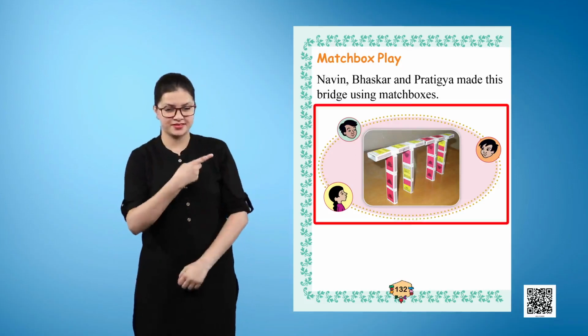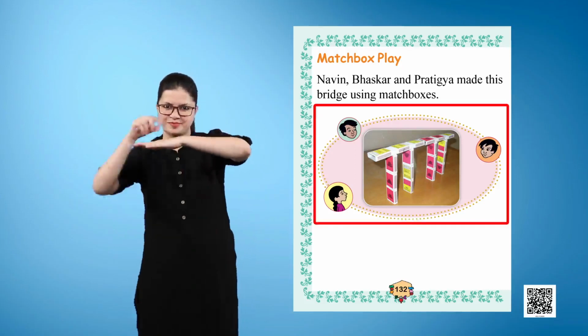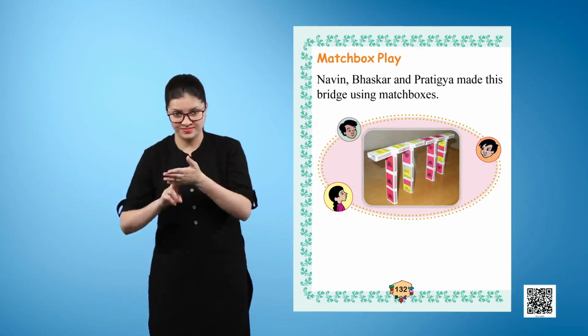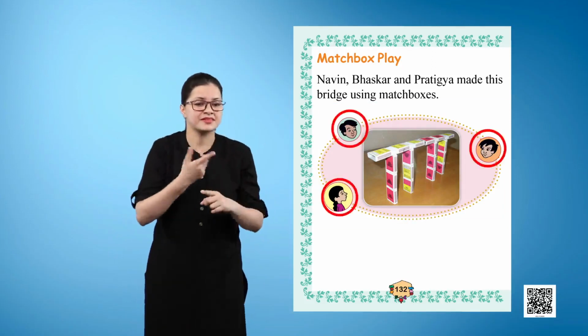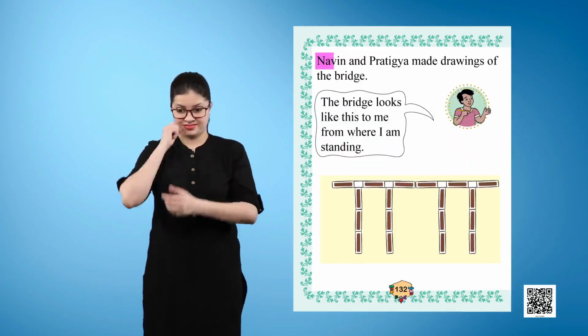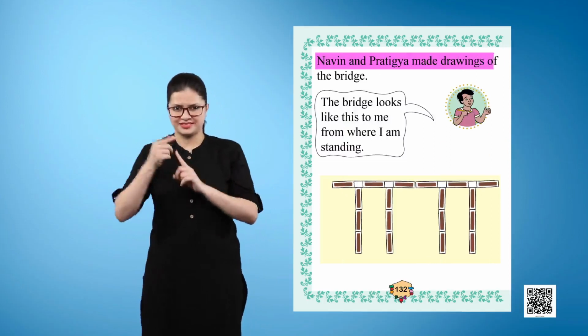Below the question, we have a picture of the bridge made by matchboxes. We also see the faces of Naveen, Bhaskar and Pratigya around the bridge. Naveen and Pratigya made drawings of the bridge.